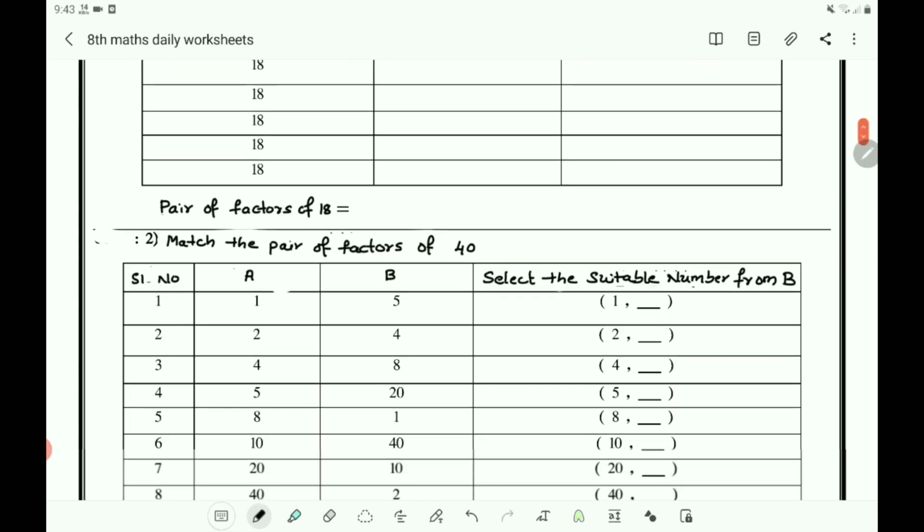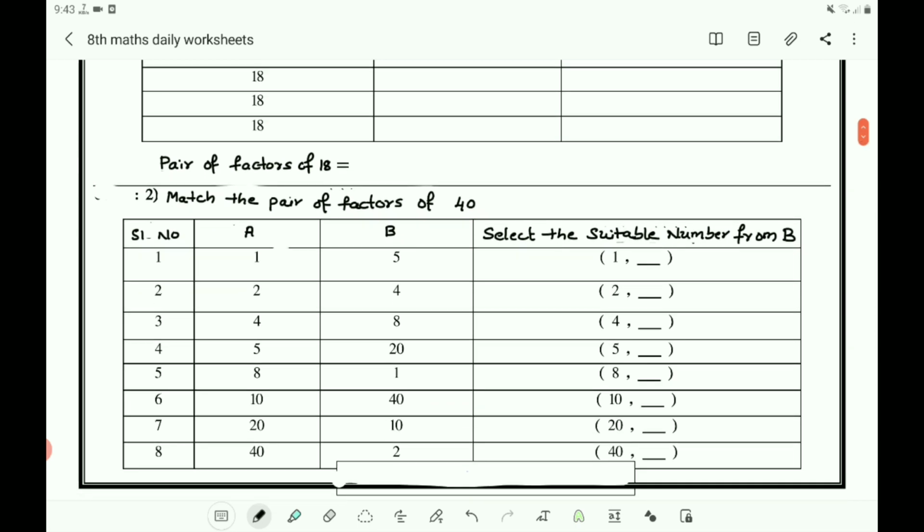Then you take the next one, the second one. Here, match the pair of factors of 40. Here 1, 2, 4, 5, 8, 10, 20, 40 are given. Here you must write its pair. Together with 1, what must be there? 1 into 40. So together with 1, you take 40. One example. Next 2 into 20 is 40. So together with 2, you take 20.